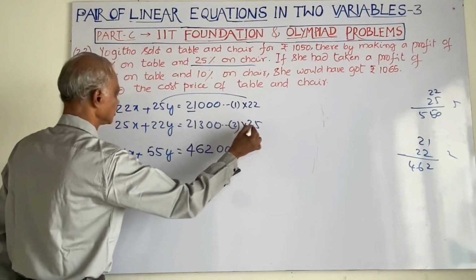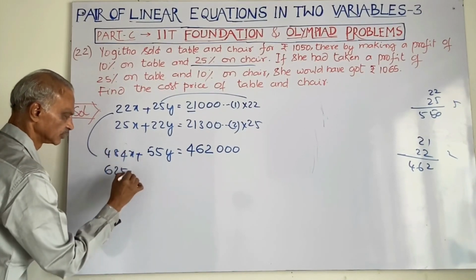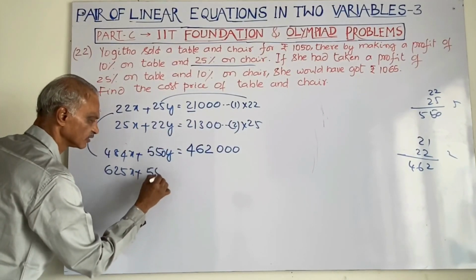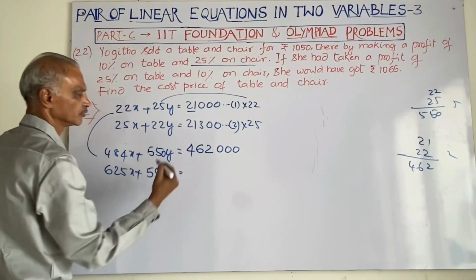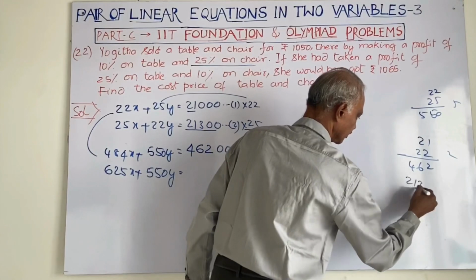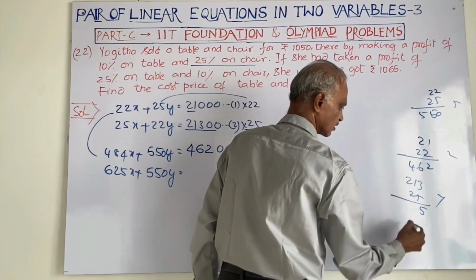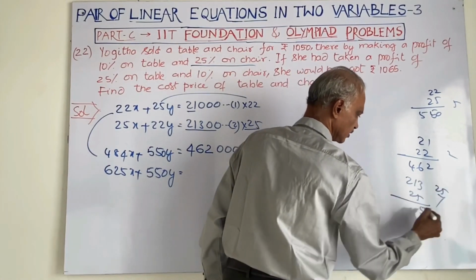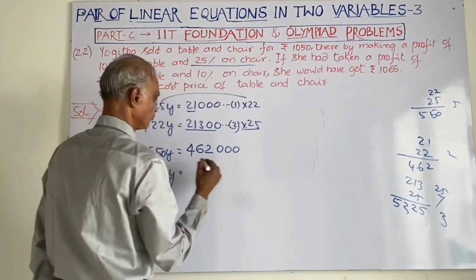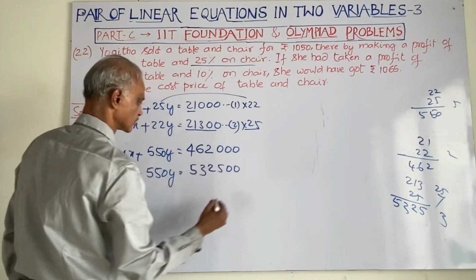Next, you multiply 25 into 25, 625x plus 25 into 22, 550y is equal to, you multiply this with 25. 213 into 25. 25 3s are 75. 25 ones are 25, means you will get 32. 25 twos are 50, 53. 53 and 25, 2 zeros.